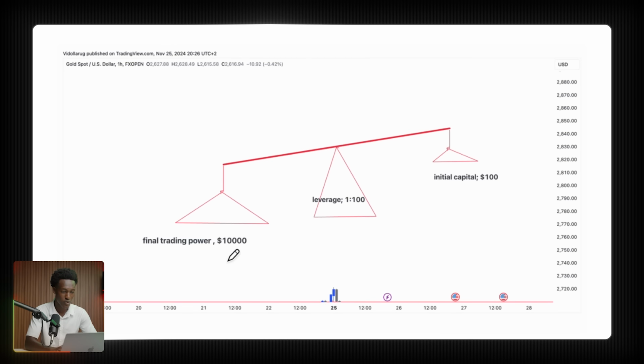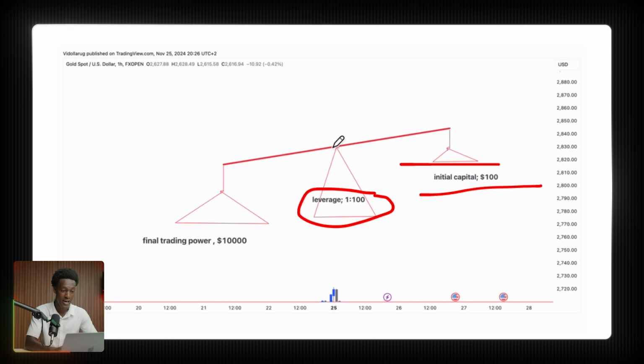Now, I do have an illustration here and I'll show you. We assume your initial capital is $100, and then in between here we have your leverage, and we mentioned this is from the broker. You guys remember when we were opening up a demo account, I showed you this example. In this particular example, we have a leverage of 1 to 100.